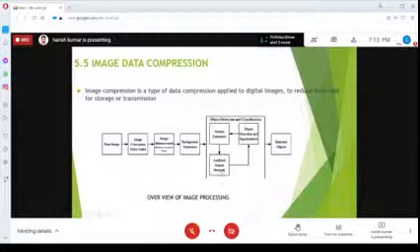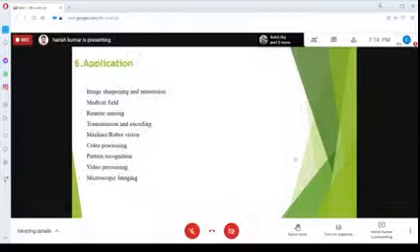In the artificial neural networks, they are going to determine the patterns. Those patterns are compared with the features which we have extracted. After completion of object detection and segmentation, we will get the detected objects. So this is the overall view of image processing used in ANN, artificial neural networks.